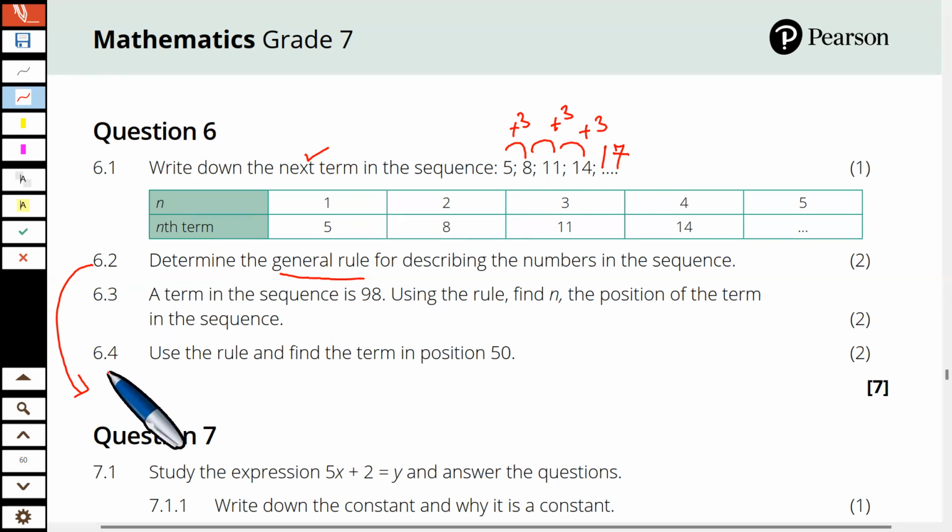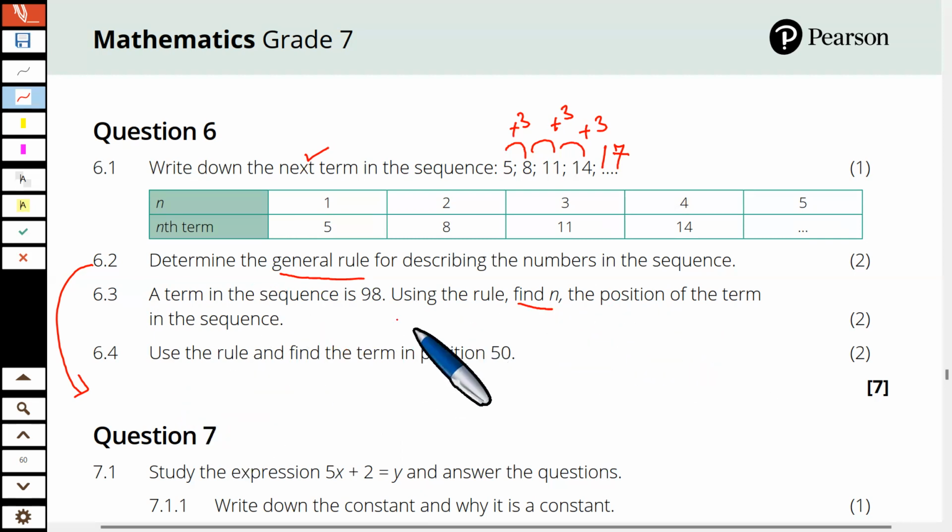But now, for instance, in 6.3, they're asking the question, the term in the sequence is 98. Using the rule, find n, the position of the term.